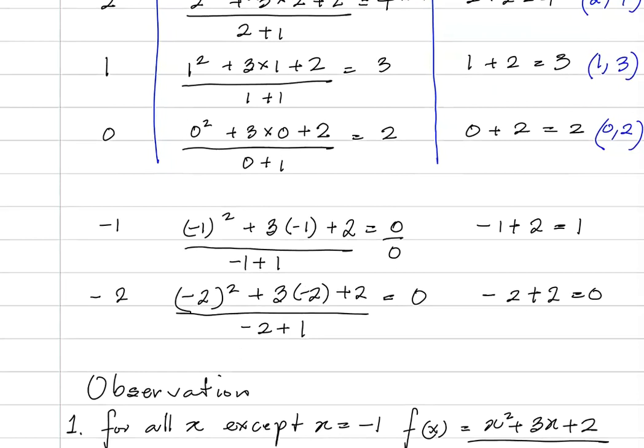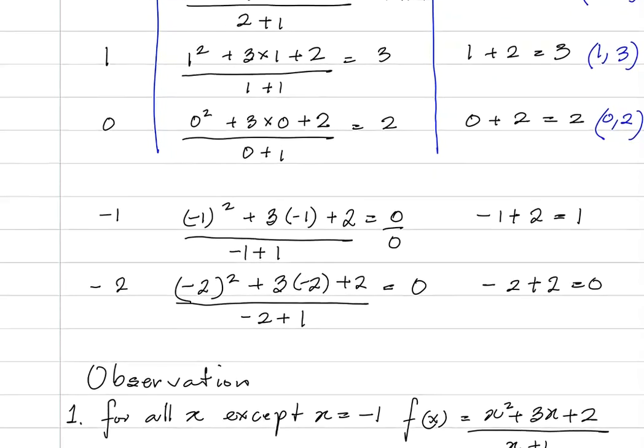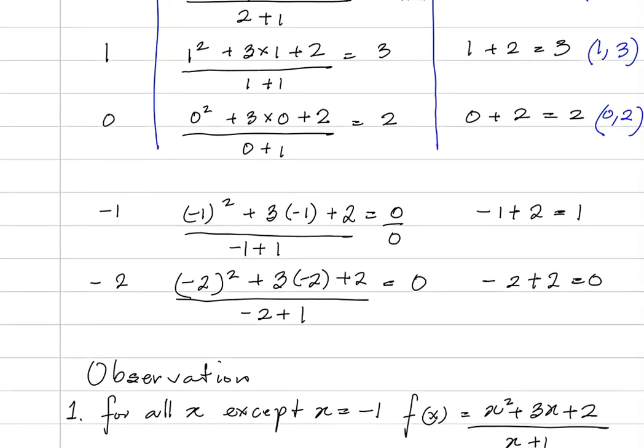All right. Now let us see what happens when x reaches minus 1. When x is minus 1, for the top we get 1 squared, which is 1, plus 3 times minus 1, which is minus 3, plus 2. So at the top, 1 plus 2 is 3, minus 3, we get 0.